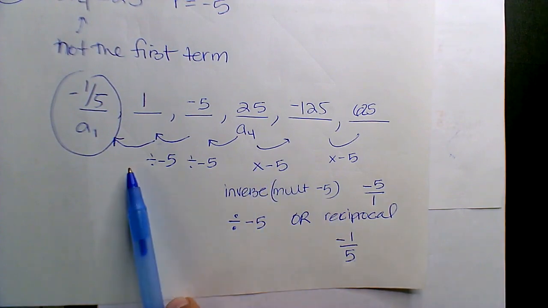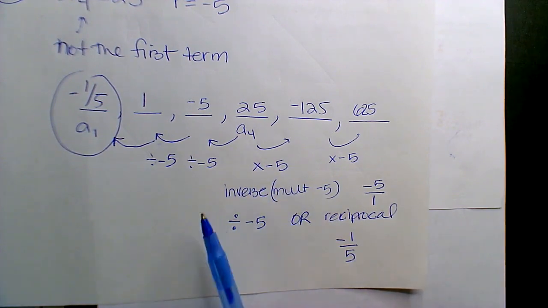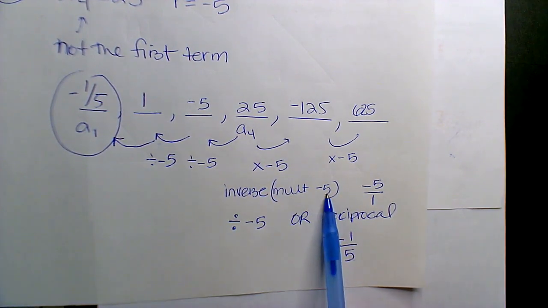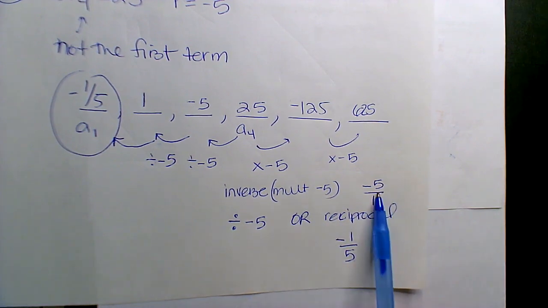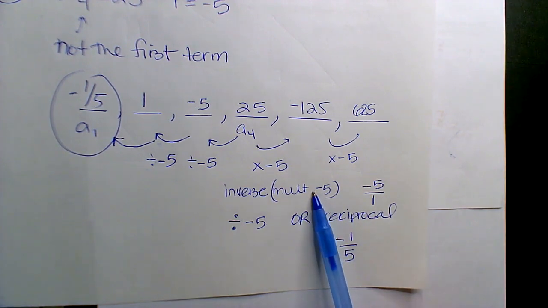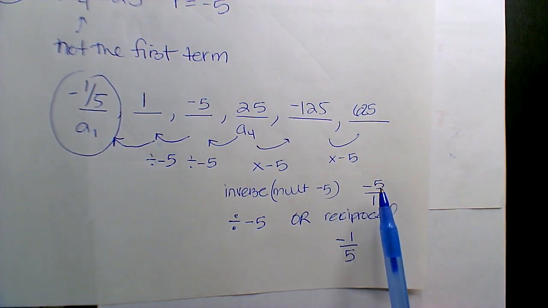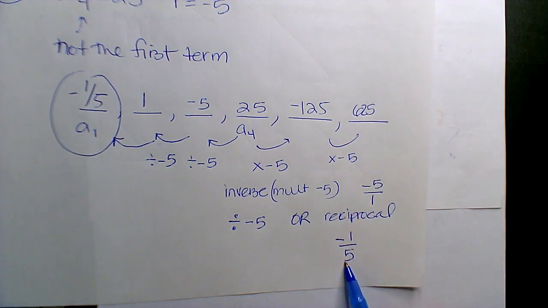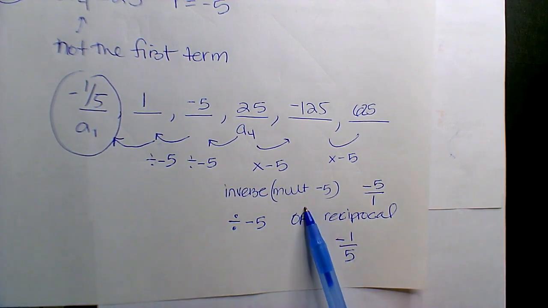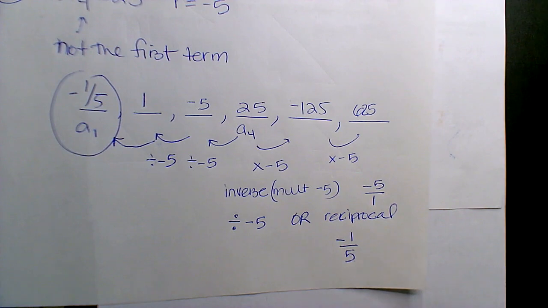When you're going backwards, you're welcome to just switch the operation and divide by whatever that number is. Or you can actually just take the reciprocal. So if they were to give you a multiplication by 2/3, the reciprocal is going to be 3/2. If it's -1/4, it's -4. You just flip it. Don't change the sign.